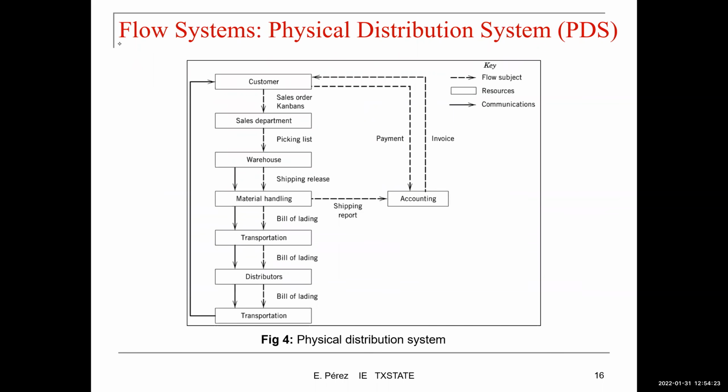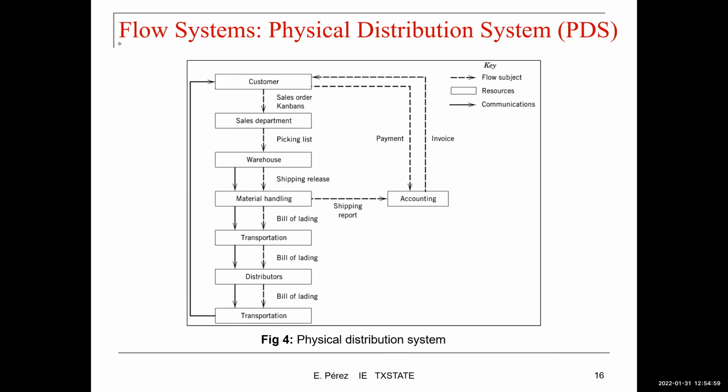And here's the flow for the physical distribution system. We start with the customer at the top. There's some counting information happening. So we need the customer saying, I need this much. If you're talking about an HEB supermarket, I need ice cream. So that goes to the warehouse, sales department, and then they're going to go here in San Marcos and pick that product.